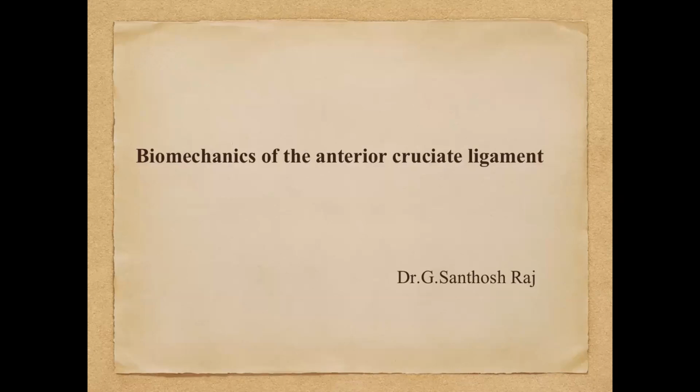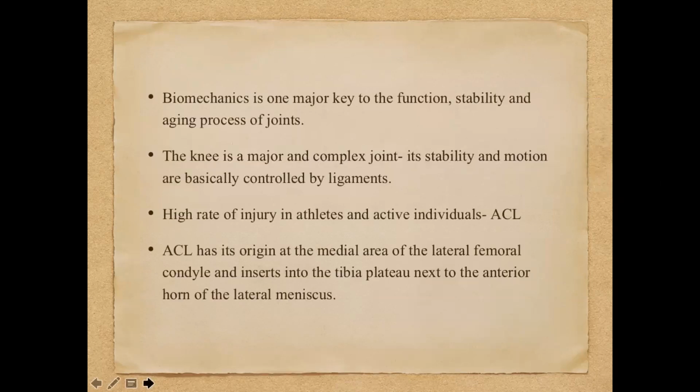Today I'm going to talk about the biomechanics of the anterior cruciate ligament. Biomechanics is one of the major keys to the function, stability, and aging process of the knee joint.